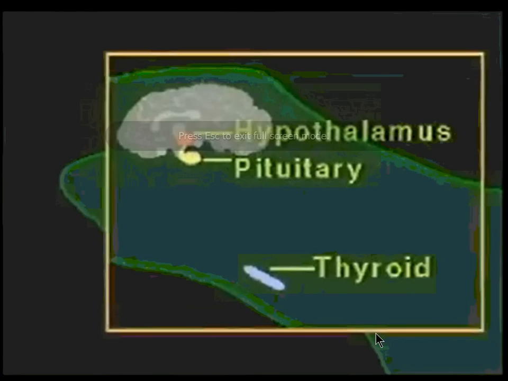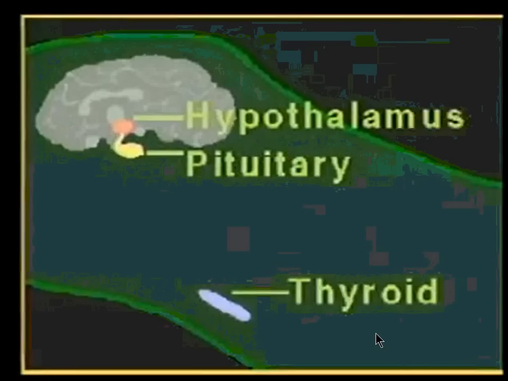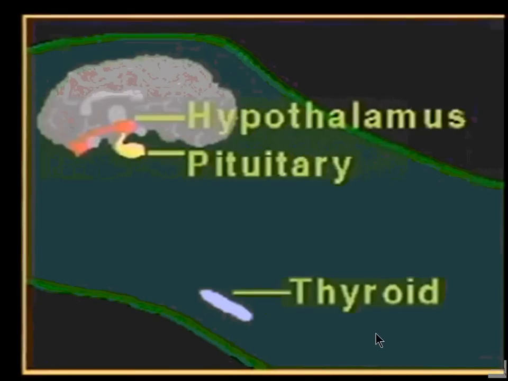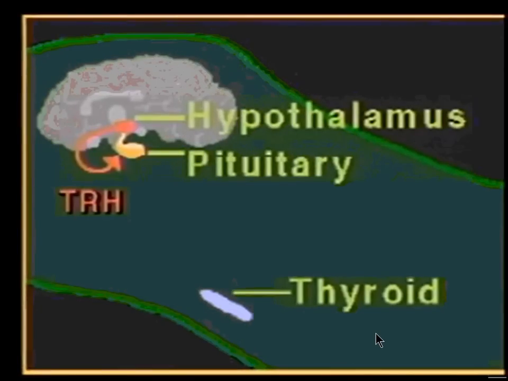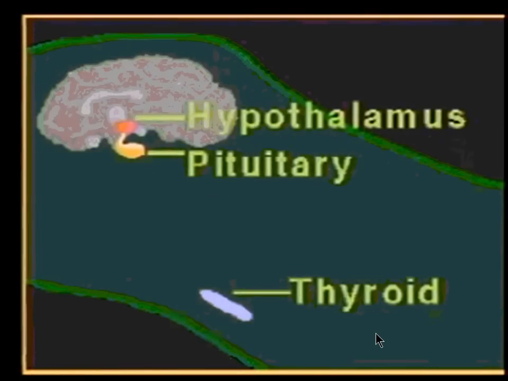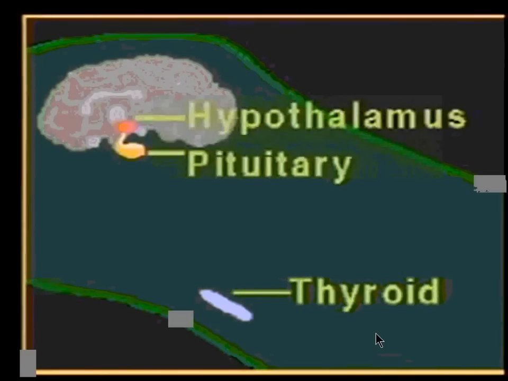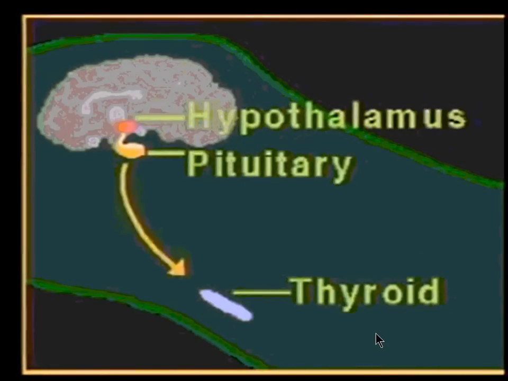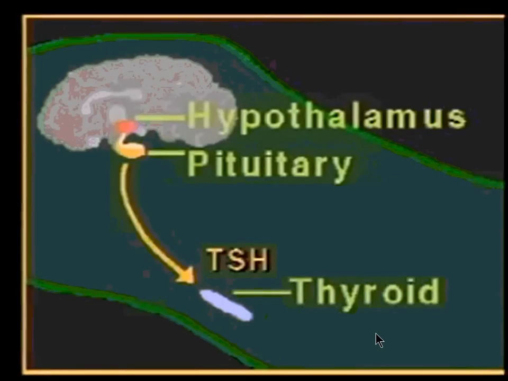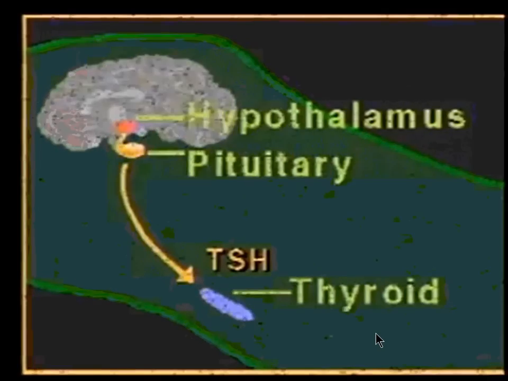The production of T3 and T4 in a normal functioning gland is controlled by a hormone produced by the hypothalamus, thyrotropin releasing hormone, or TRH. When released into the hypophyseal portal system, TRH is carried to the anterior pituitary gland, where it attaches to receptors on a specific subset of cells called thyrotropes and stimulates them to produce thyroid-stimulating hormone, or TSH.